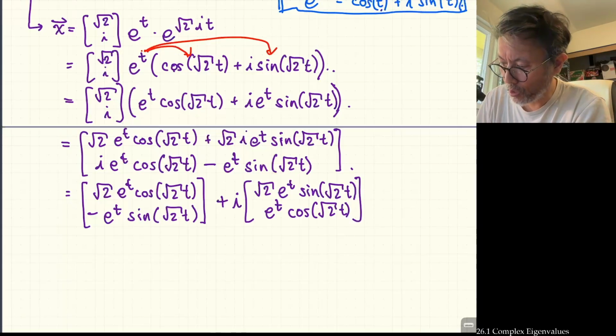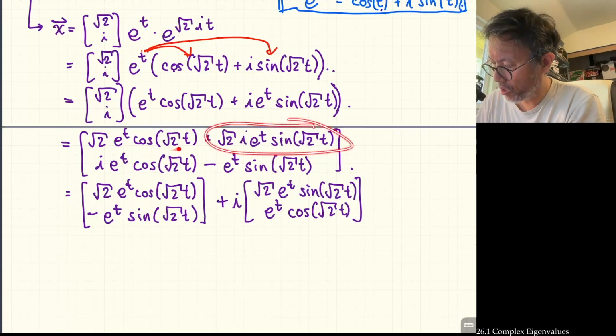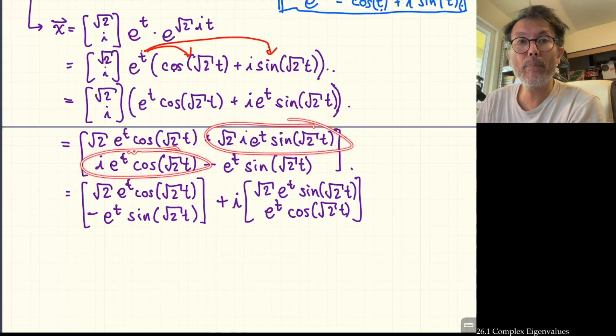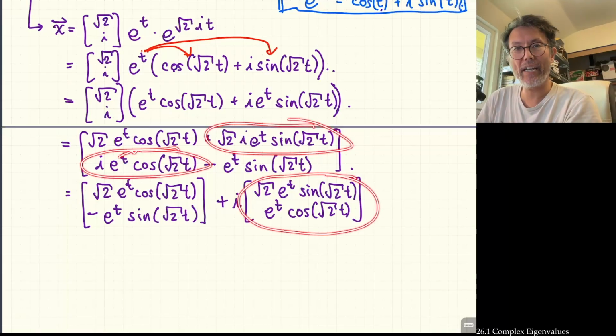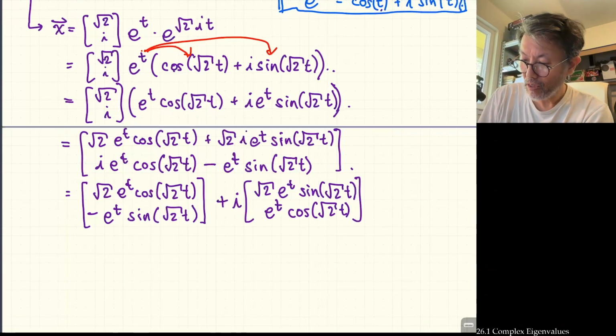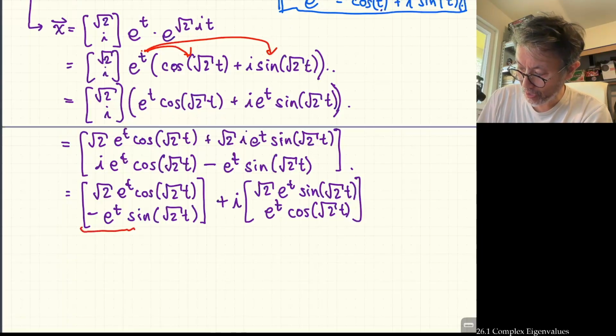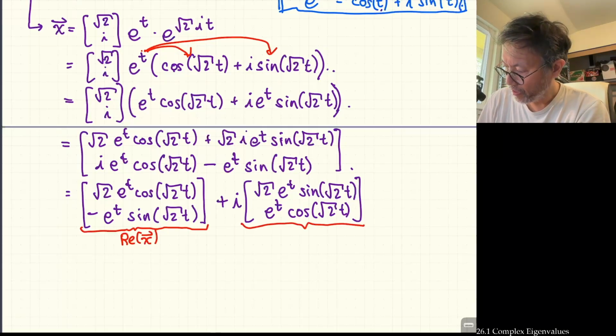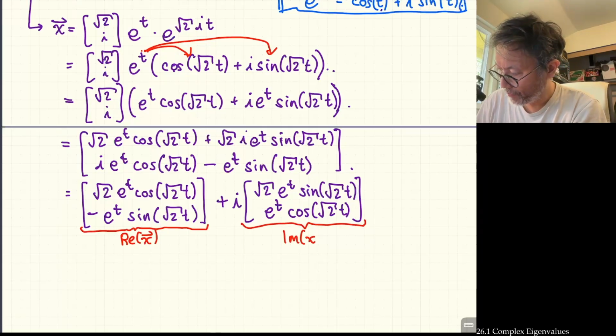What am I doing here? I'm just looking at this term and that term, noticing those are the bits that involve i, putting that i outside the vector and accounting for them correctly. The point is that this part right here is the real part of x, and this part right here is the imaginary part of x.